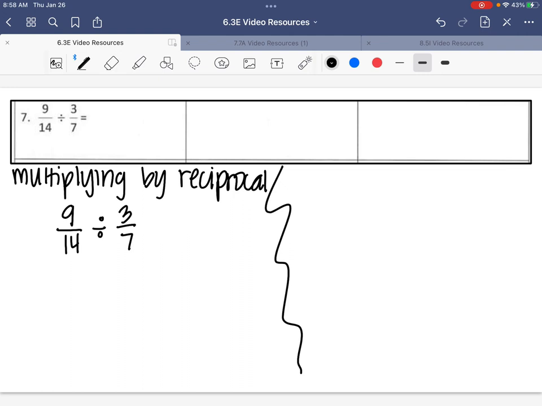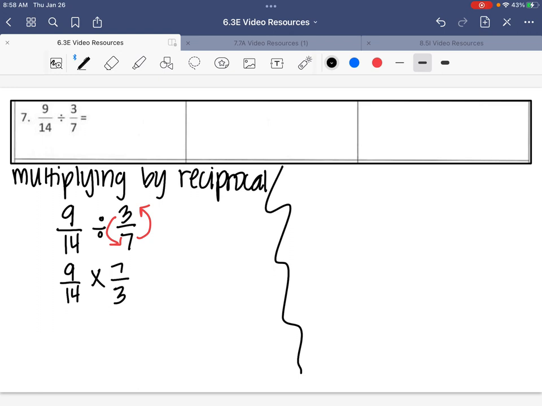So remember, multiplying by the reciprocal means 9/14 stays the same. The division becomes multiplication, and my reciprocal is when my denominator goes to the numerator and my numerator goes to the denominator. So now I'm multiplying by 7/3.